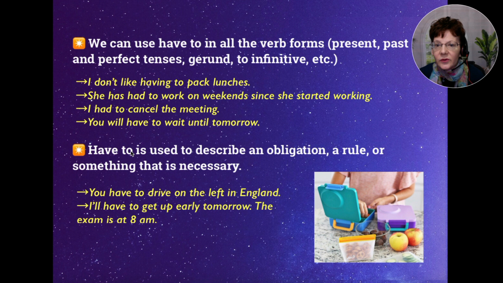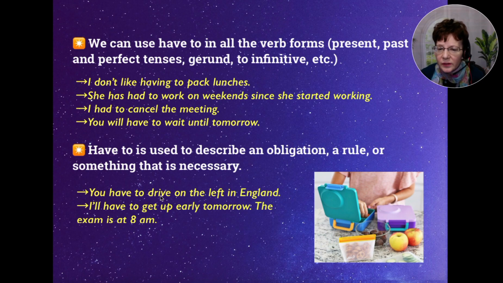So, have to is used to describe an obligation, a rule, or something that is necessary. So, for example, you have to drive on the left in England, or I'll have to get up early tomorrow. The exam is at 8 a.m. Okay, so yes, for the first one, this is a rule.